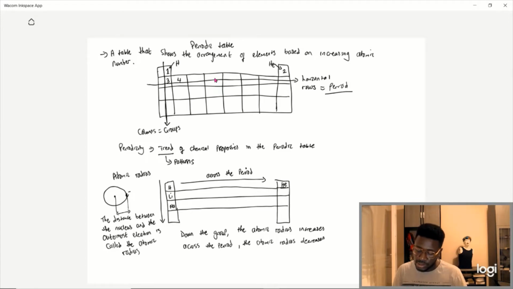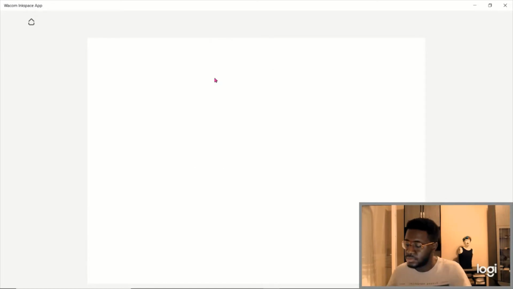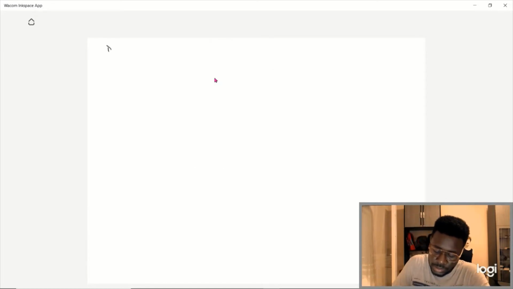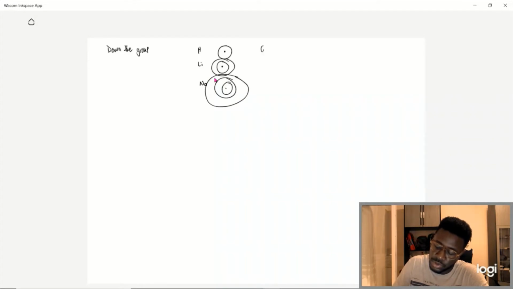This is simple because down the group, okay, let's talk about down the group. Down the group, we have more shells. You can see bigger shells. So for example, hydrogen has just one shell. Lithium has two shells. Sodium has three shells. And they're all in group 1.